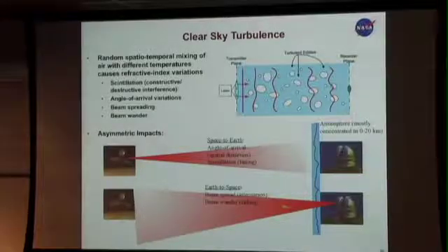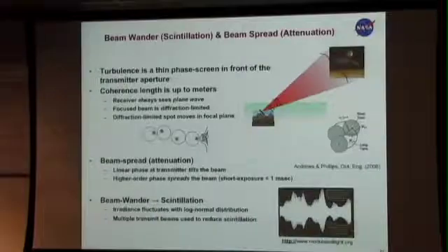From Earth to space, basically you have beam wander and beam spread to worry about because the atmosphere affects the beam early. With beam wander and beam spread, I'm not going to say too much about that. Basically, one is an attenuation and one is a scintillation. It's sort of like the scintillation in the other direction that I'll talk about in more detail.